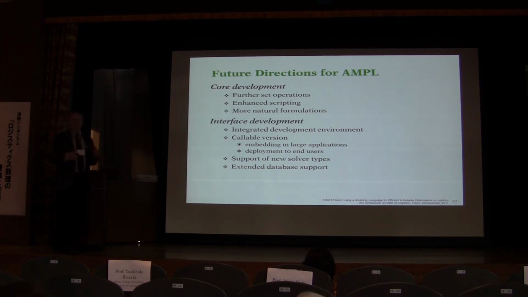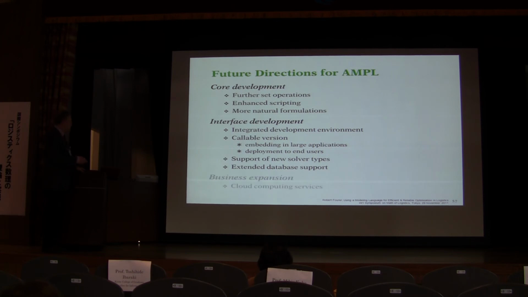Optimization is seldom the entire application that somebody wants to do. There are other things involved, and so there are various interface issues that we want to get involved in. And also maybe making it available over the internet rather than requiring installations on individual computers.